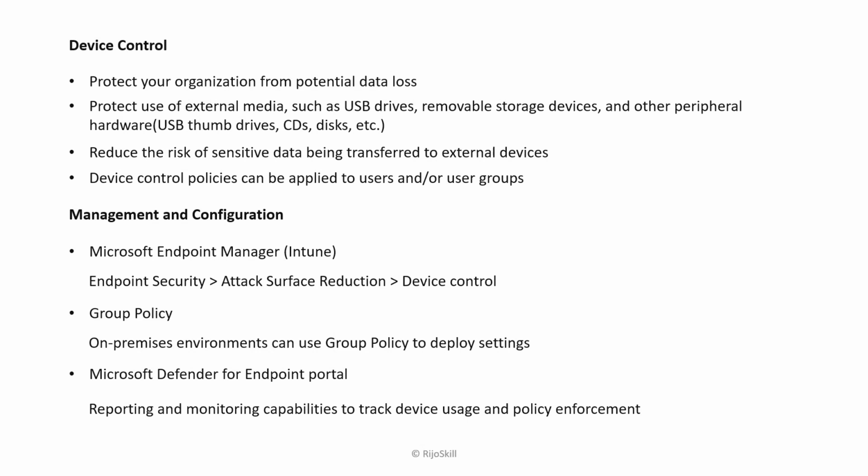Once you have Microsoft Defender endpoint portal connectivity, you can get a report of which USB devices are connecting to your devices. So now you understand what device control is and how management and configuration work for your device control.